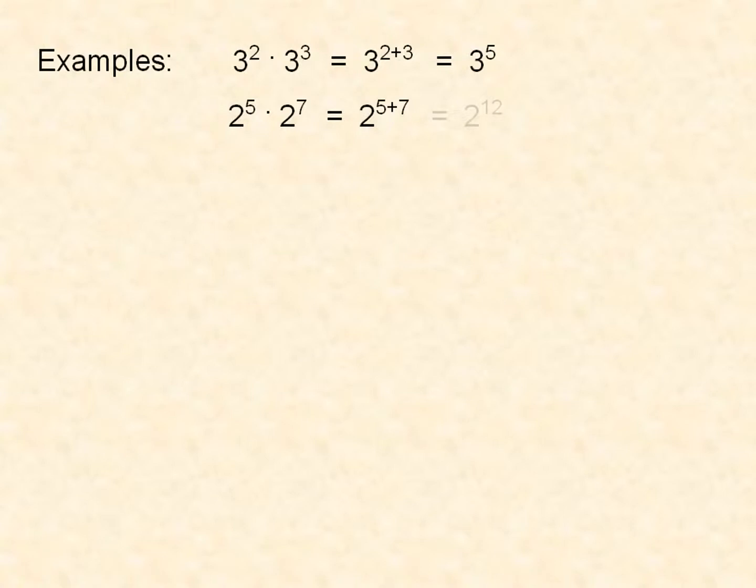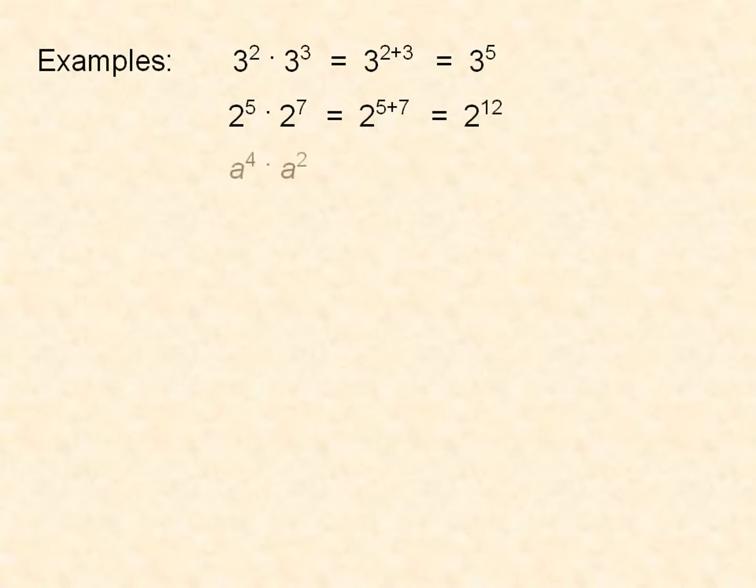Here are some examples. Simplify 3 to the second times 3 to the third. The product rule tells us that's 3 to the 2 plus 3, so it's 3 to the fifth. 2 to the fifth times 2 to the seventh is 2 to the 5 plus 7, which is 2 to the 12th.